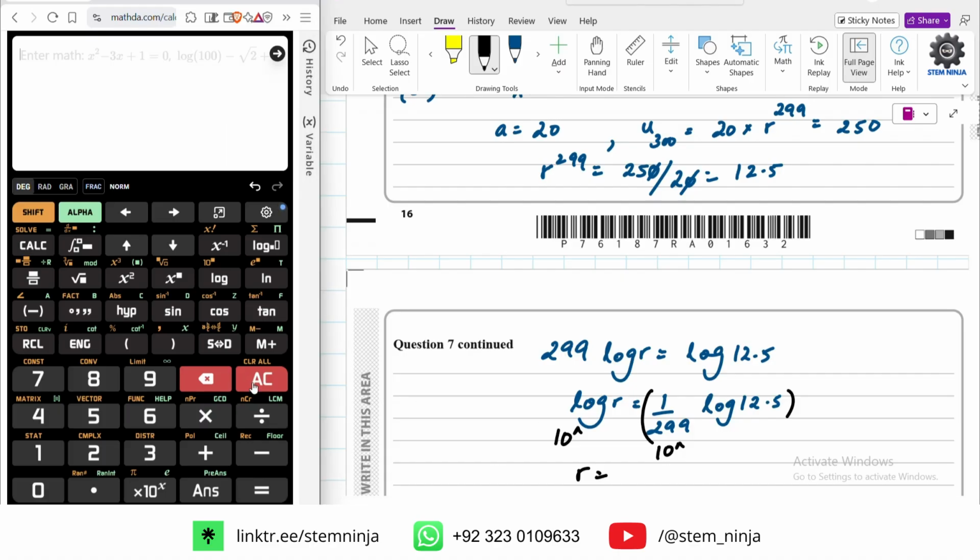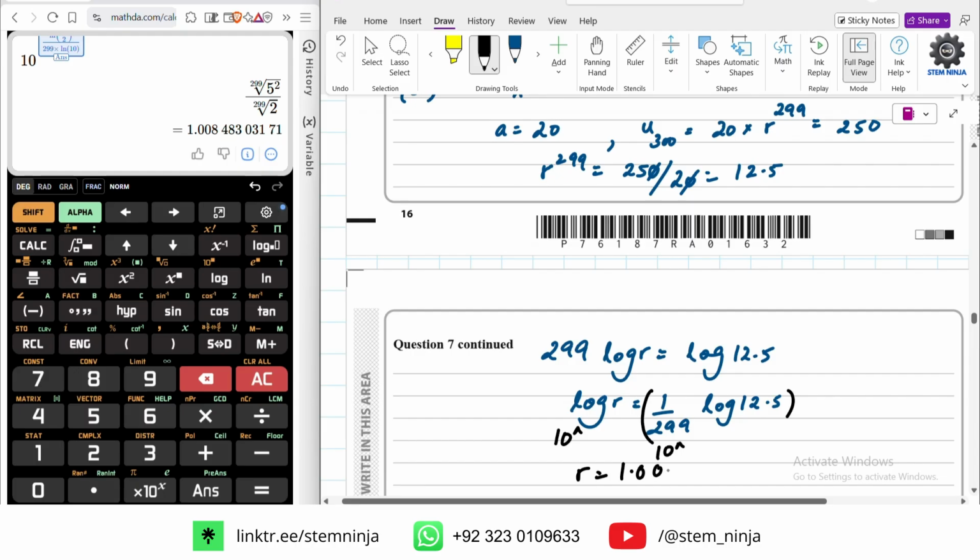So log of 12.5 divided by 299, and then 10 raised to power answer would be 1.008483. So basically R is that.